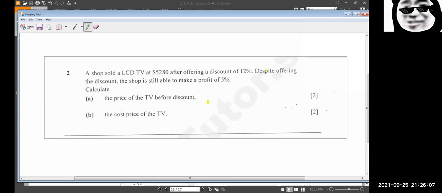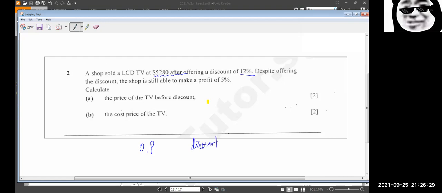Okay, for this question, basically you need to understand some terms. This is the price after discount, after a discount of 12%. What I usually do is I always write down the original price, OP, and then the discount.